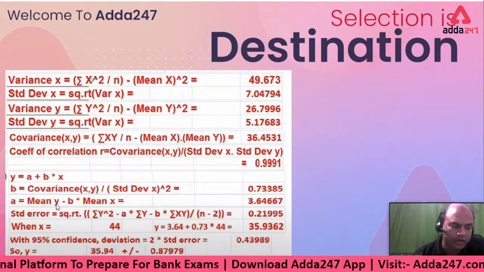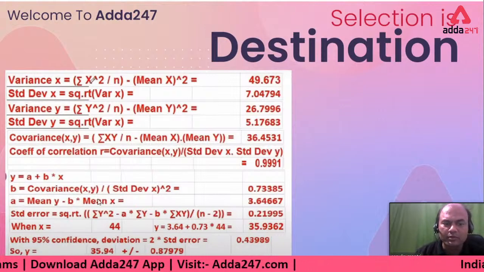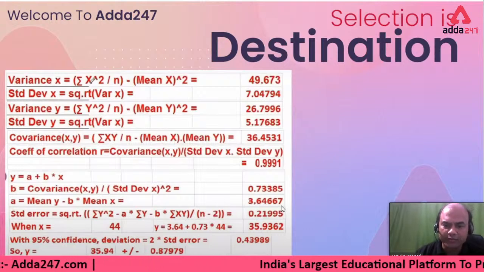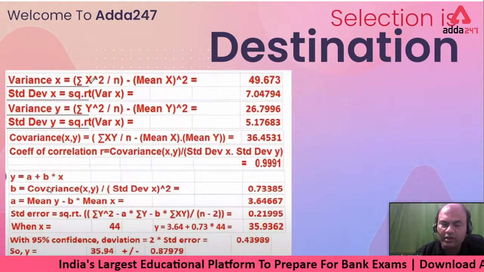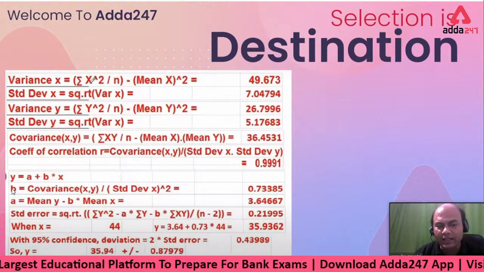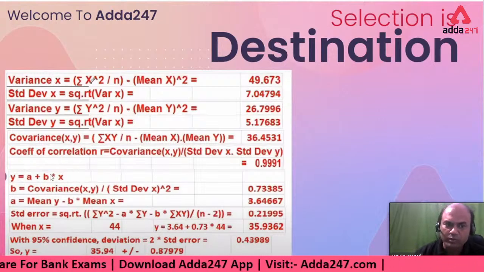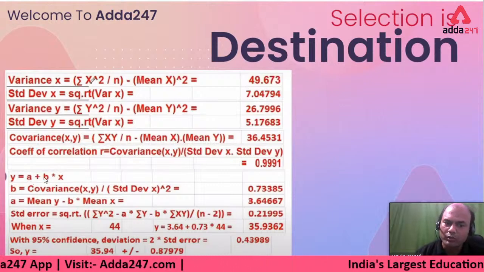So mean of y minus b into mean of x. All the numbers I am having now. I'll input these values and I get a. Remember, a and b are constants. Once I get this constant, the same constant will remain throughout the line, whatever values you put. So now I've got both a and b.